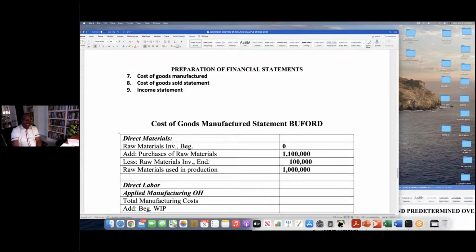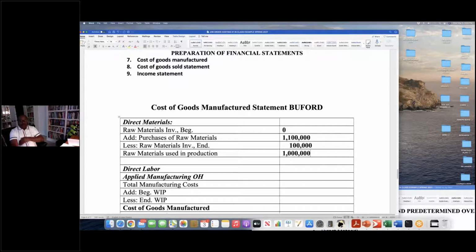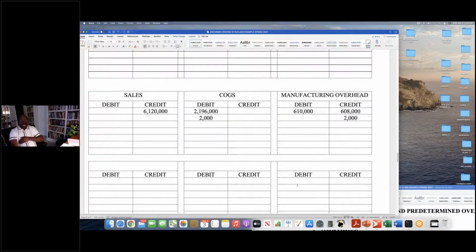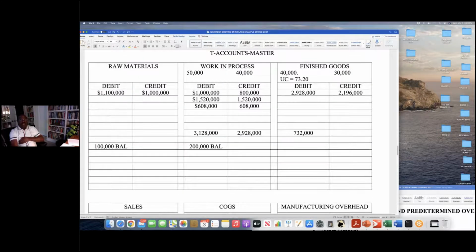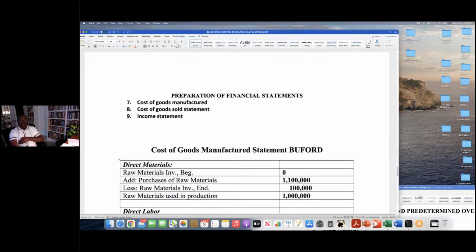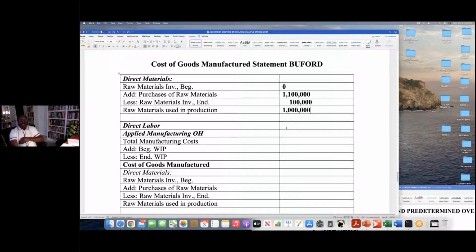Now we need direct labor and applied manufacturing overhead. We go to our work in process T account: 1,520,000 and 608,000. So 1,520,000 and 600,000.